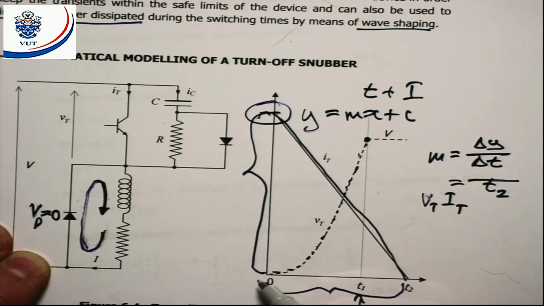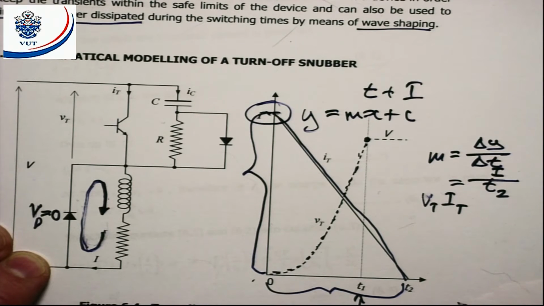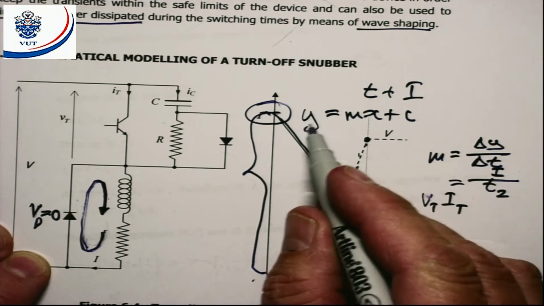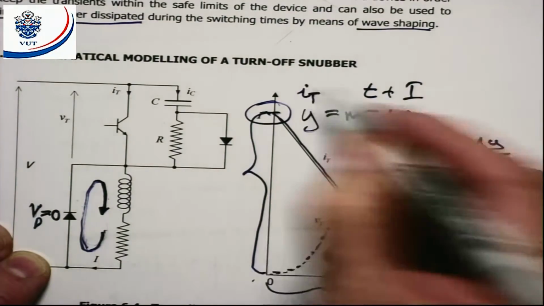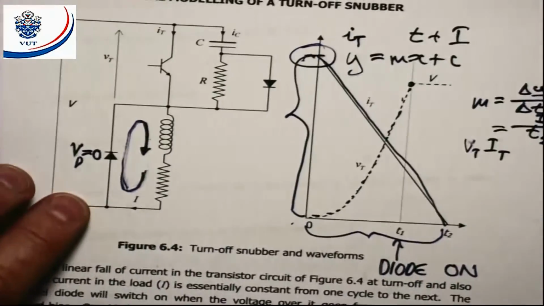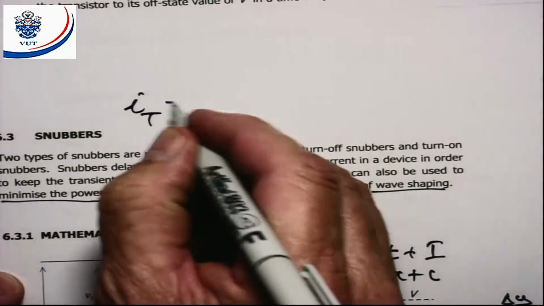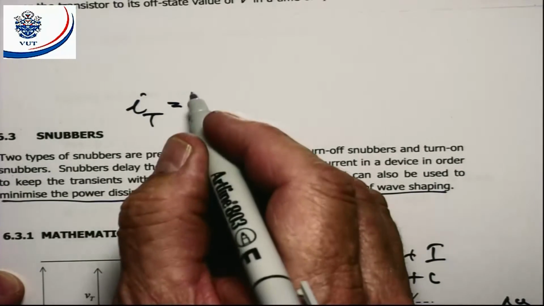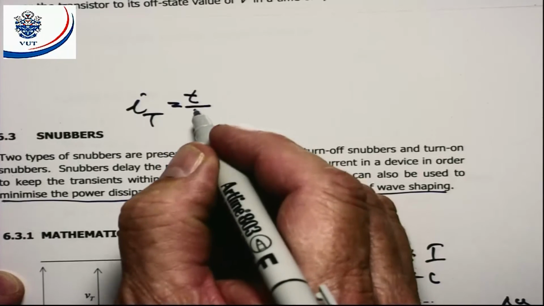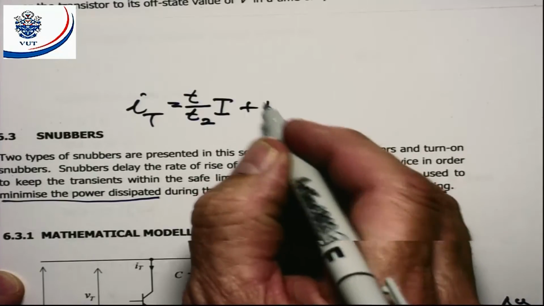So it will be I minus 0. So I'll have I over T2. That gives me m. So if I now rearrange all of this and I say that y is IT, then I can rewrite this as follows: IT is equal to T over T2 times I plus I.